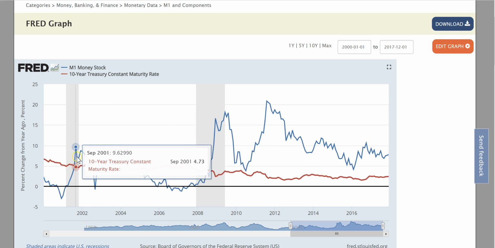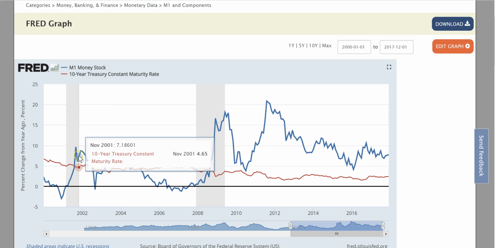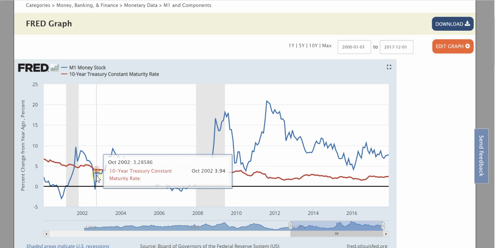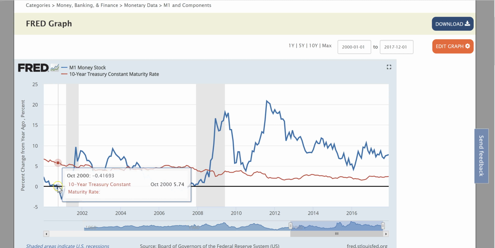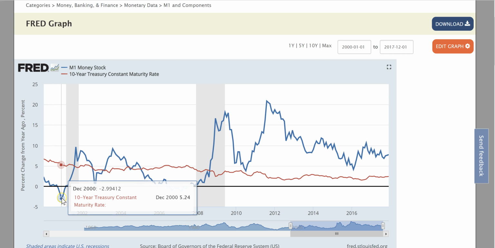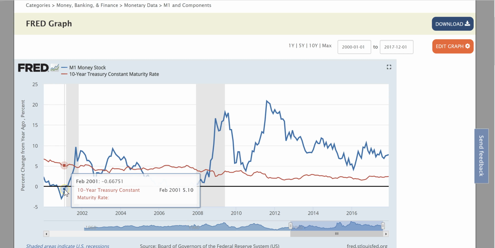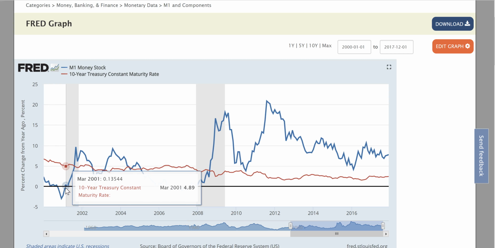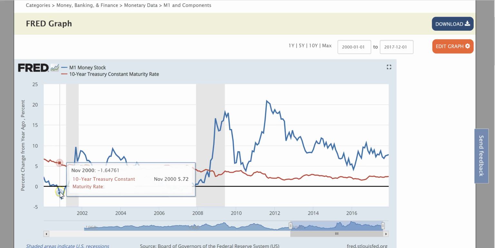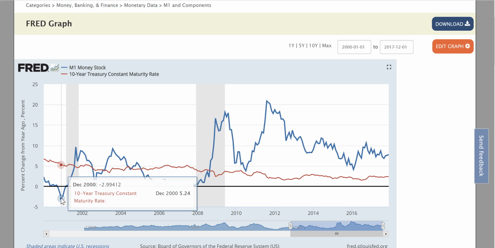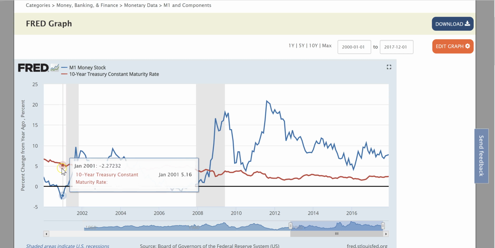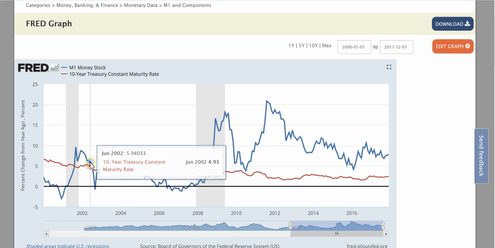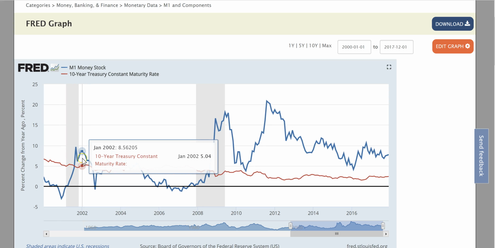We can see that pattern existed during the recessionary periods, but what about expansionary periods? You can see that when the growth rate goes up, does the interest rate go down? Yes, it seems to be from December 2000 to March 2001. That seems to be the case. What about other periods?